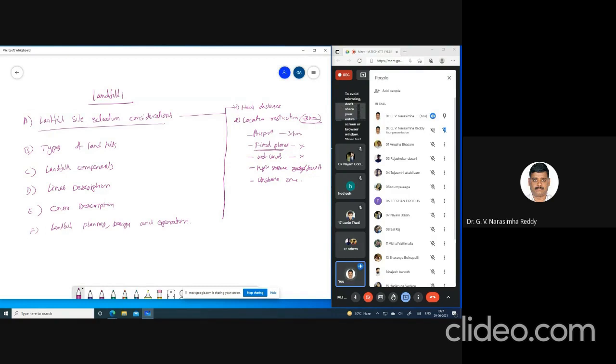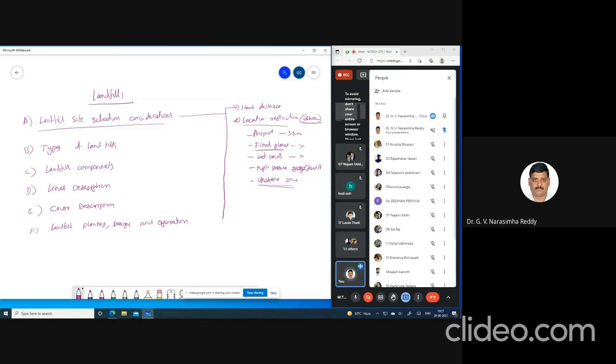If you select such an area, what happens if the landfill fails? It will create a nuisance to the surrounding areas. So that's why you should not locate there. Then unstable zones, for example slope failures. If you dump in a hilly area where there is a possibility of slope failure, it will fail along the slope and spread.